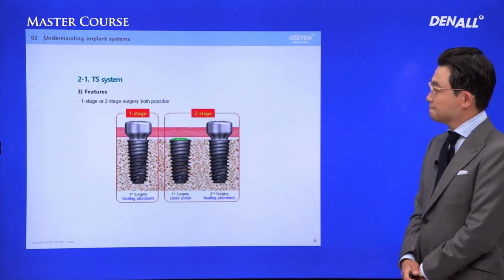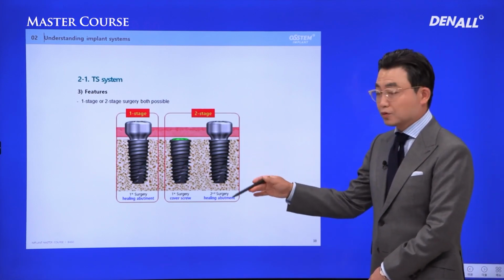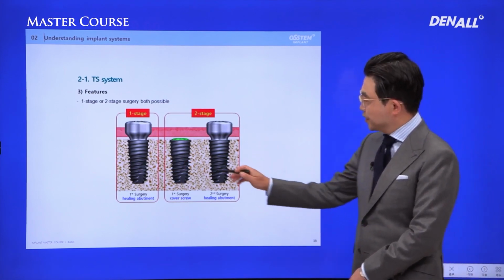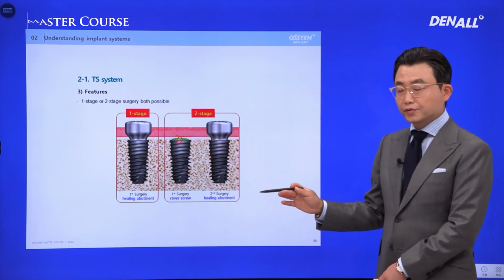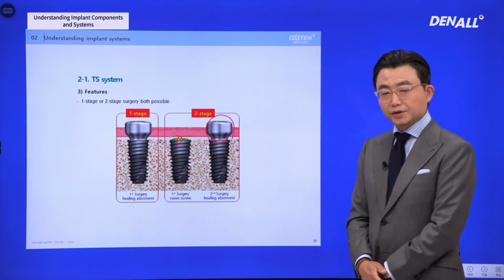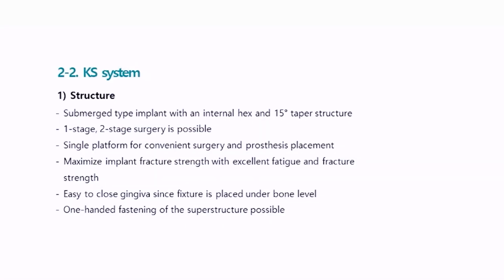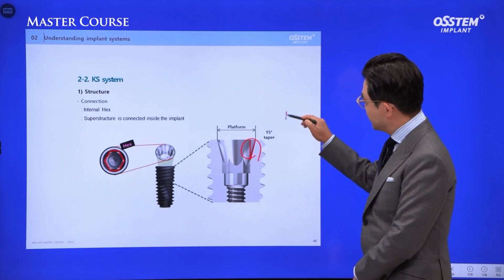For the TS system, if the bone quality is bad, or we have a wide GBL, like using a cover screw, you can submerge, and a healing abutment can be connected for one-stage surgery as well. The recently available KS system looks very similar to TS, but what is different is the tapered area. I said 11 degrees, but for KS it's 15 degrees.